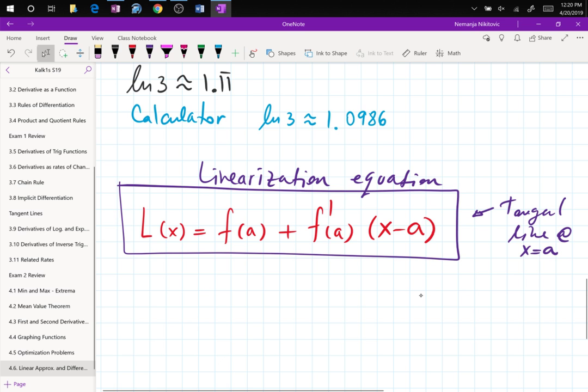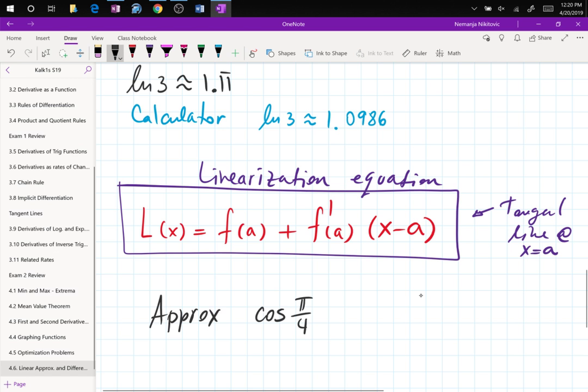So, linear approximation. Let's do ln of 1 plus x. Oh no, I just did ln. Should we do a cosine function? Approximate cosine of pi over 4. Okay, we can do that.